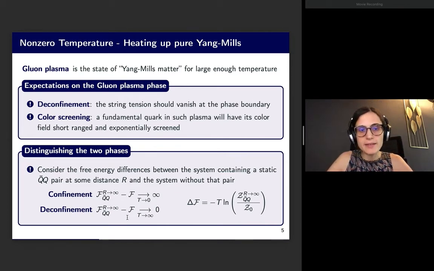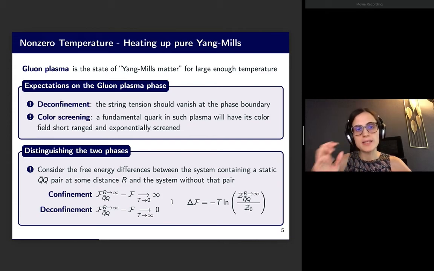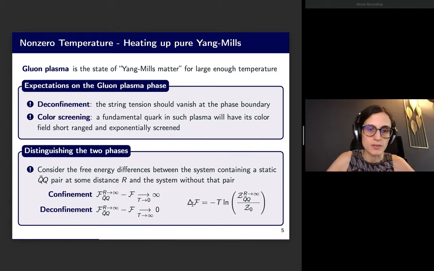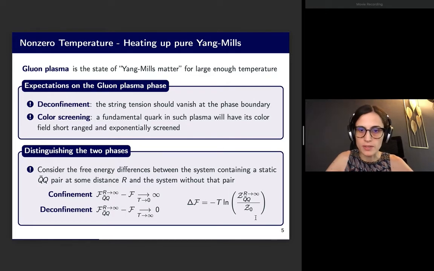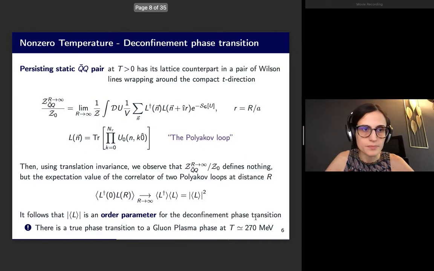On the other hand, in the deconfinement case, there is no such energy cost. The two sources are free to begin with, and therefore the free energy difference goes to zero as r goes to infinity. So we see that we can distinguish the two phases based on this energy difference, which in turn can be written as the negative logarithm of the ratio of the two corresponding partition functions.